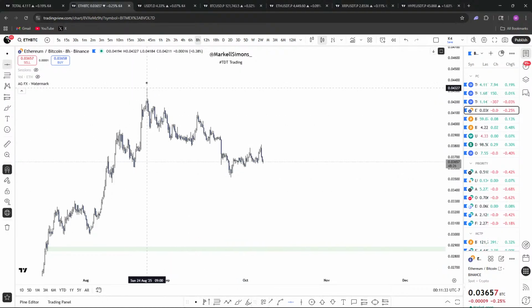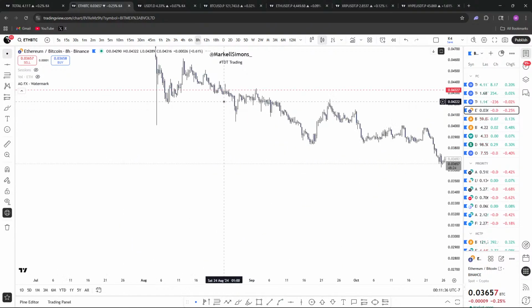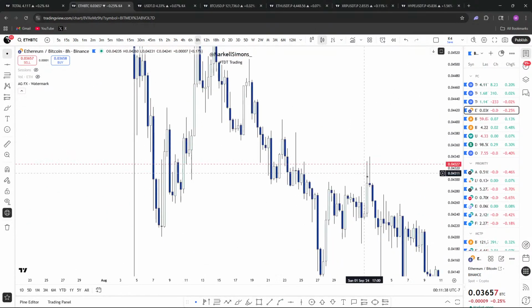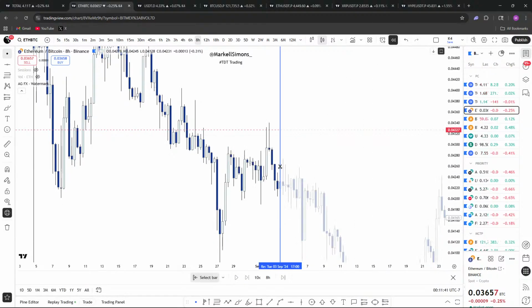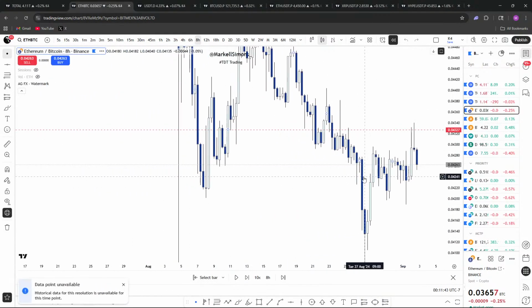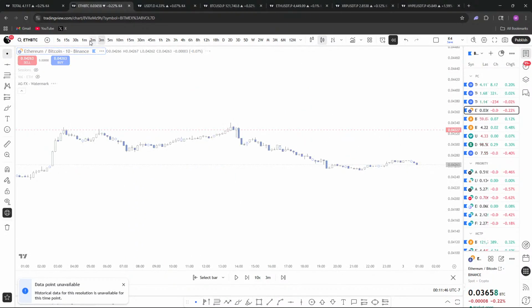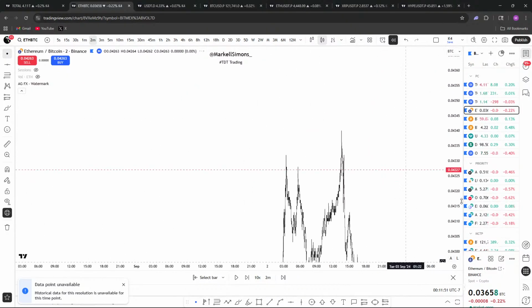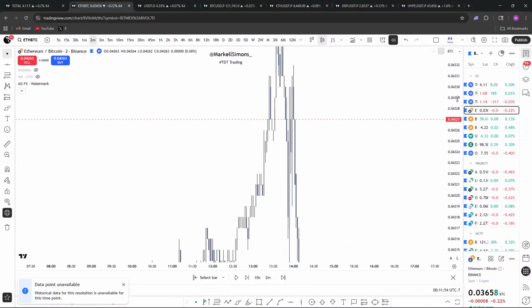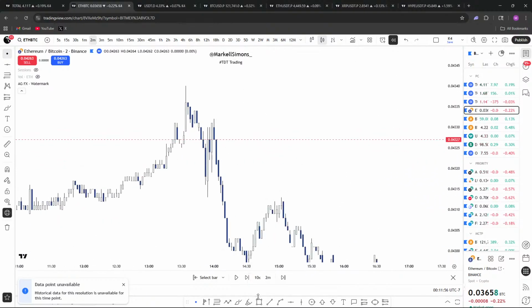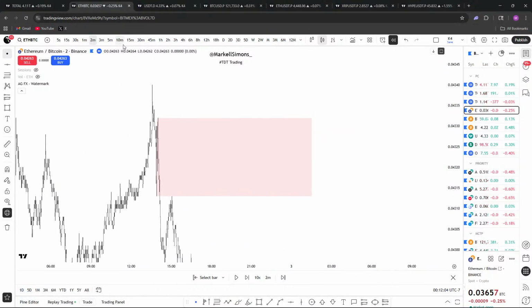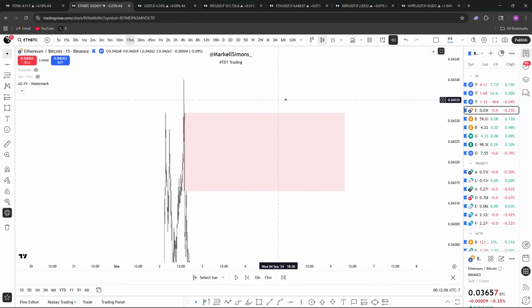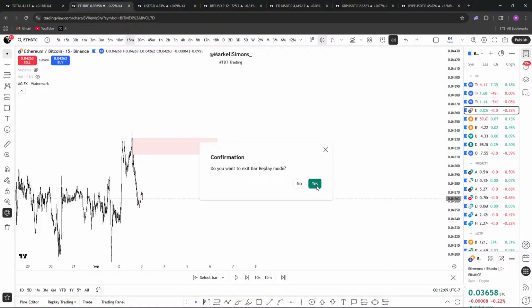I really could break this down because I need to start using this chart. Let's see. This is how I find out if we actually reject it from a supply POI. I'm gonna use this as supply by just using my horizontal tool, for anybody who wants to know how to find your POIs quick.